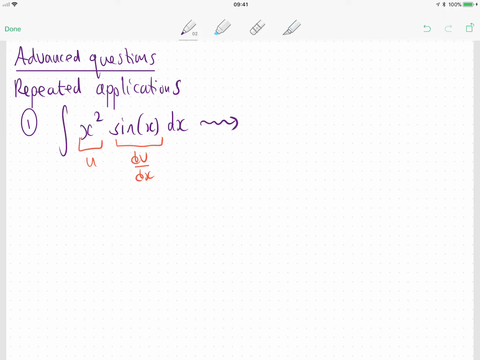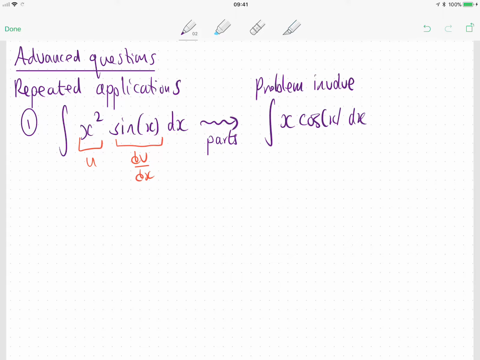Again, I'm not worried about the sign, if there's a negative or not. That's not a big issue. Applying the parts formula, so we apply parts. I'm not going to do it. I'm just going to say if we apply it, then the problem is going to involve integrating x times cos x.